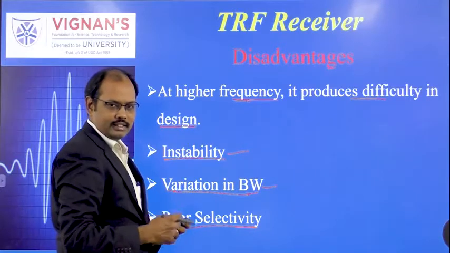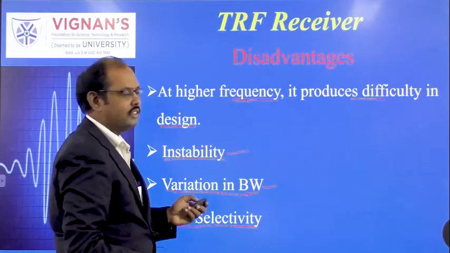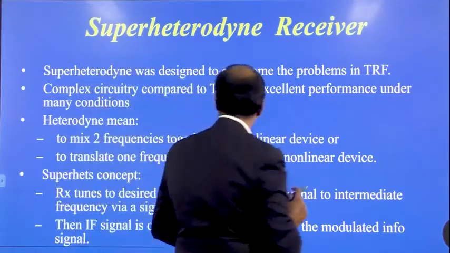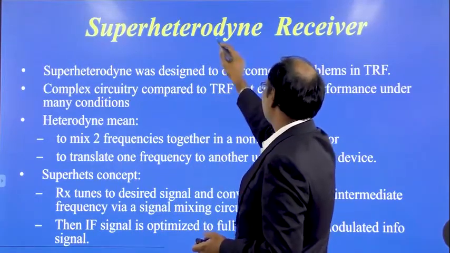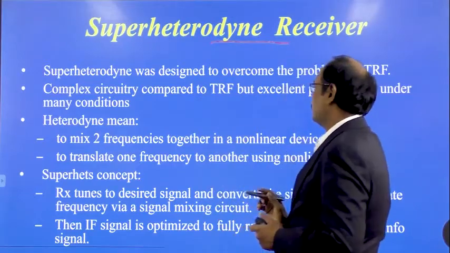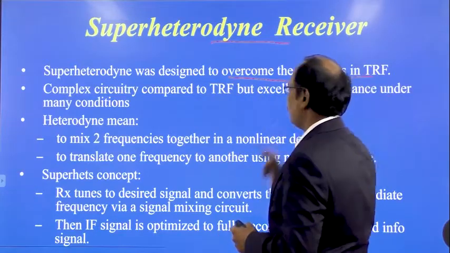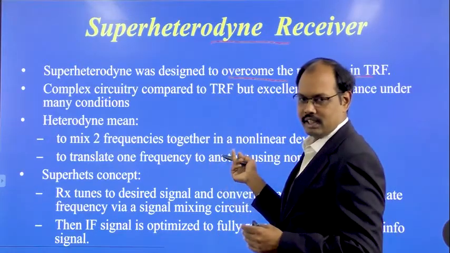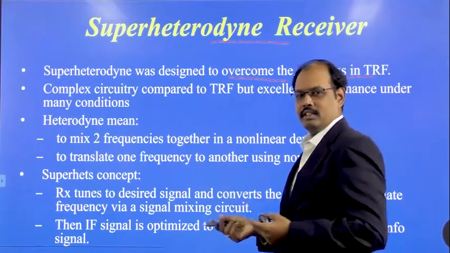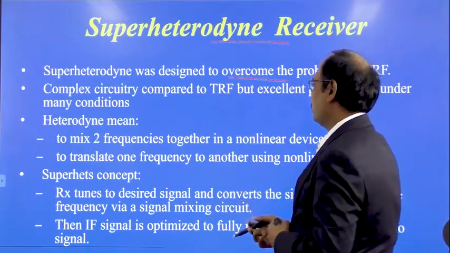These disadvantages will be overcome by a special type of receiver called the super heterodyne receiver. Coming to the next part, the second type of receiver is the super heterodyne receiver, especially designed to overcome the problems in TRF, that is the disadvantages, poor selectivity and instability.